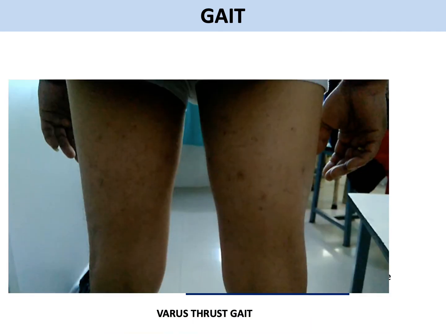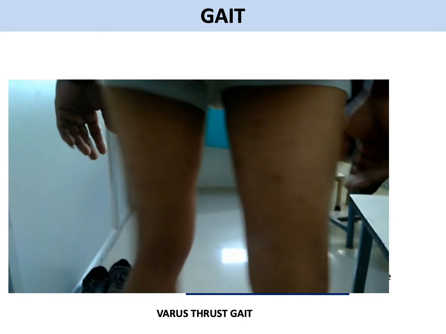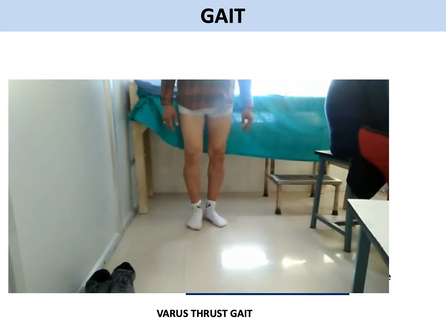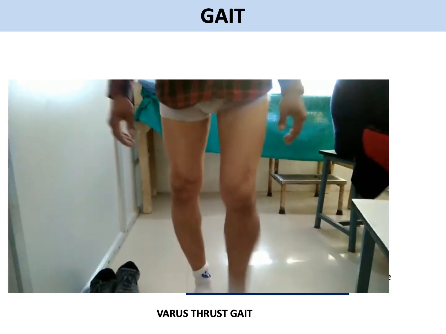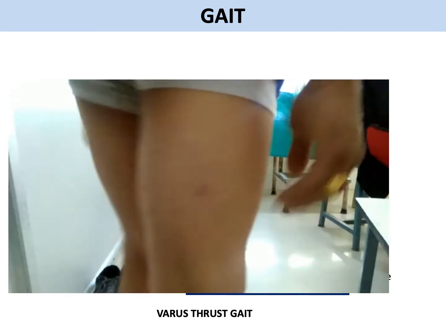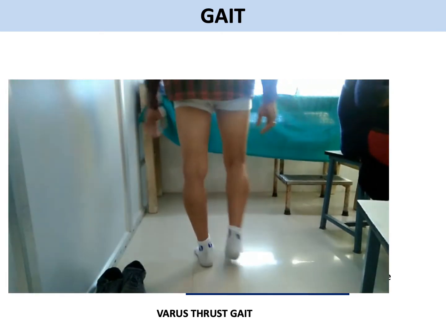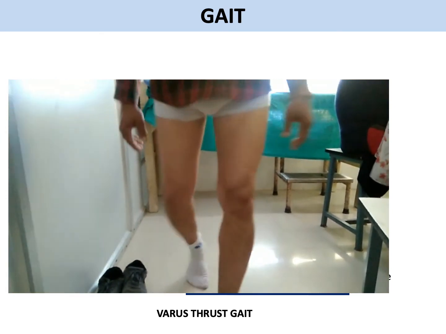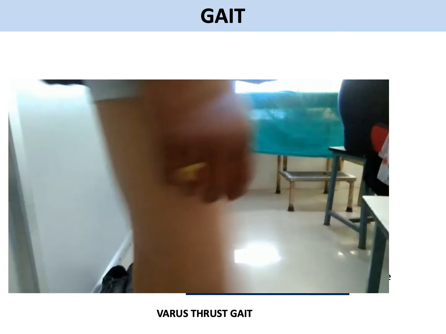Let me take, for example, this particular gait. Please consider the right knee joint.